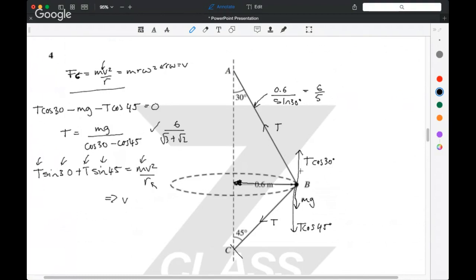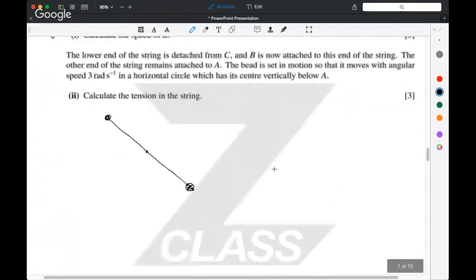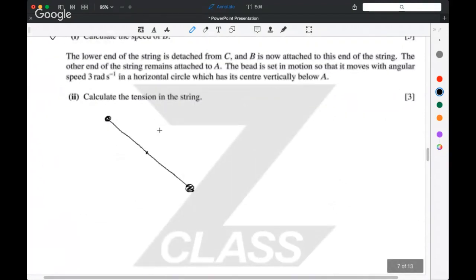In the force diagram, this length represented T, but in terms of actual sizes in space, it's 6/5. We can do the same here with this 45-degree angle and that same radius, and this is equal to 2 square root 3 over 5. So the entire length L of the string now is 6 plus 2 square root 3 over 5.